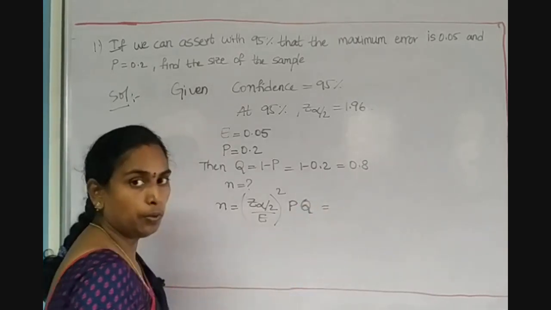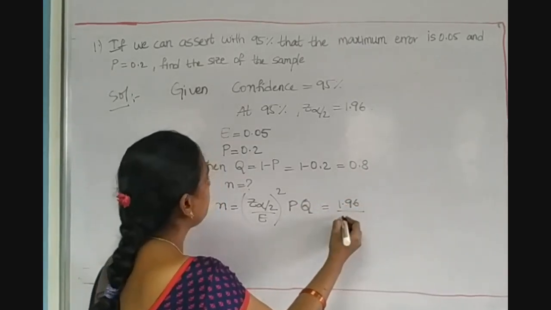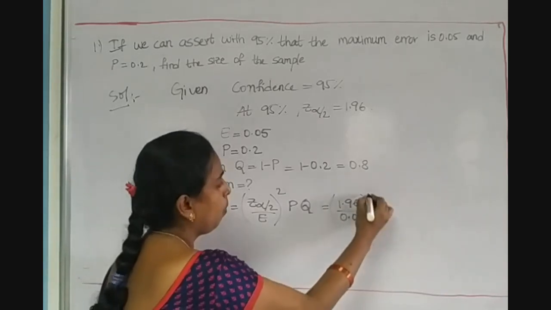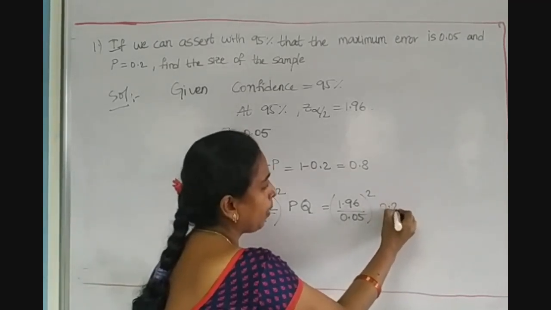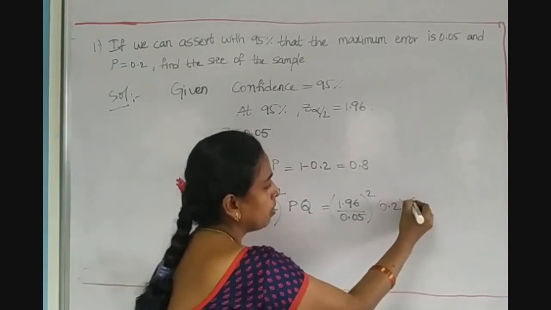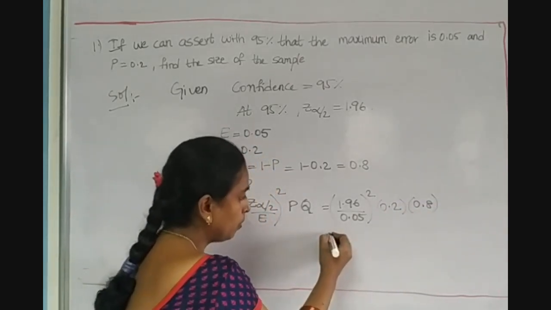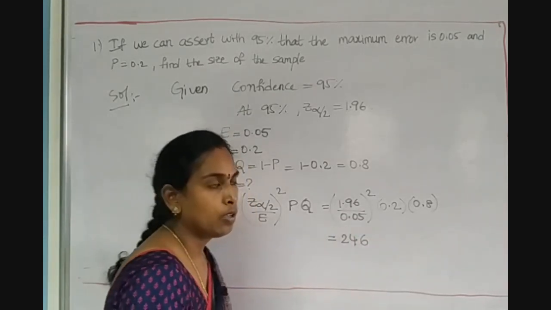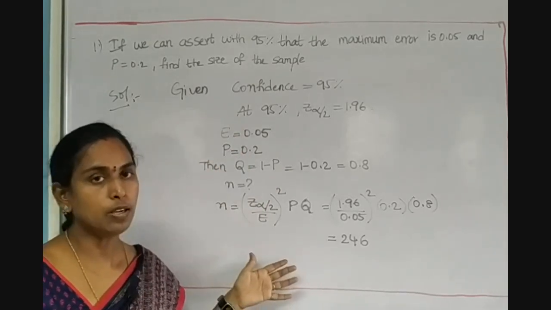Which is equal to 1.96 by 0.05 whole square into P, that is 0.2 into 0.8. Which is equal to 246. So like this we can find the sample size.